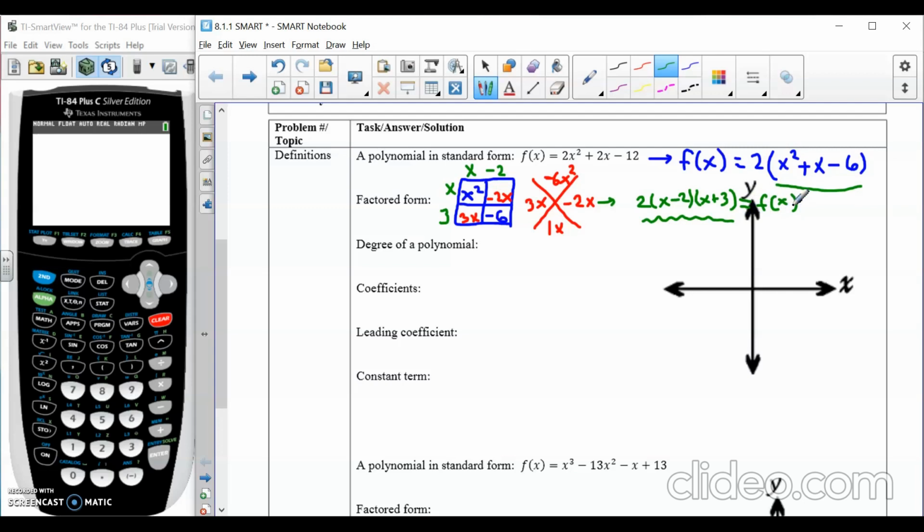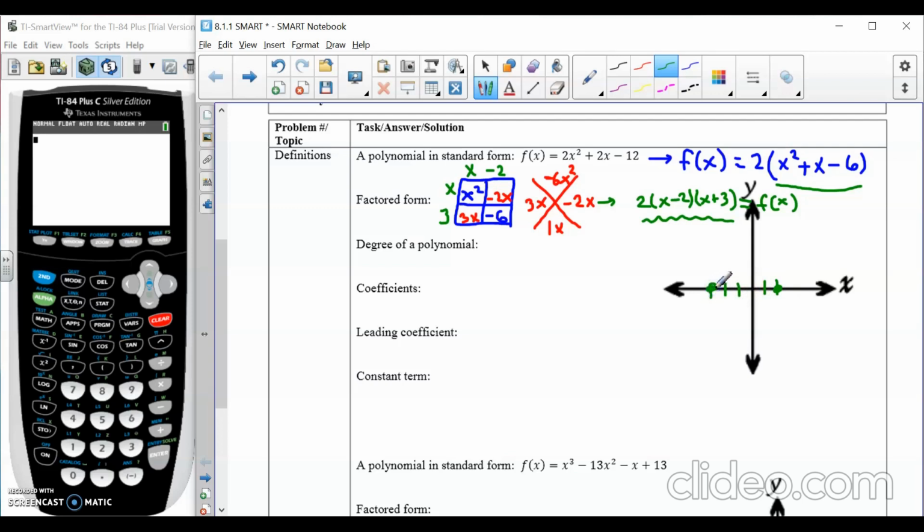Right, so now that we have our factored form, we know that, from previous chapters, when you have your factors and set those equal to 0, those are actually your x-intercepts. And so we know that our graph, our parabola, is going to hit our x-axis at positive 2 and negative 3. And just take the opposites there. So we got positive 2 right over here, negative 3 right over here.